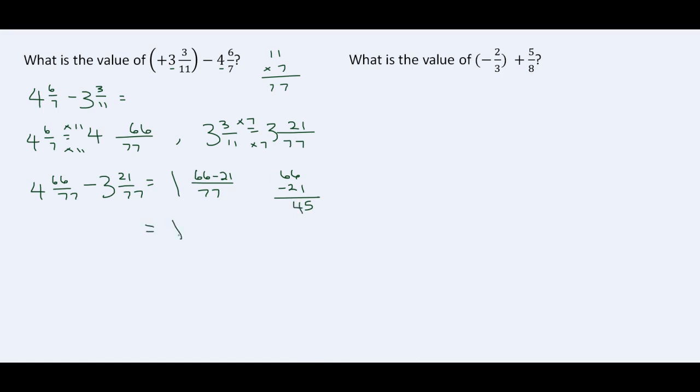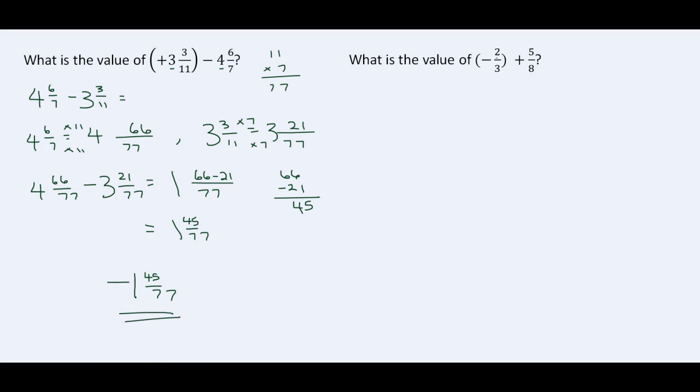So this is going to be one whole number, 23 over 77. So the sign on the larger number in our original question is a negative, so our result is going to be negative 1 and 23 over 77.